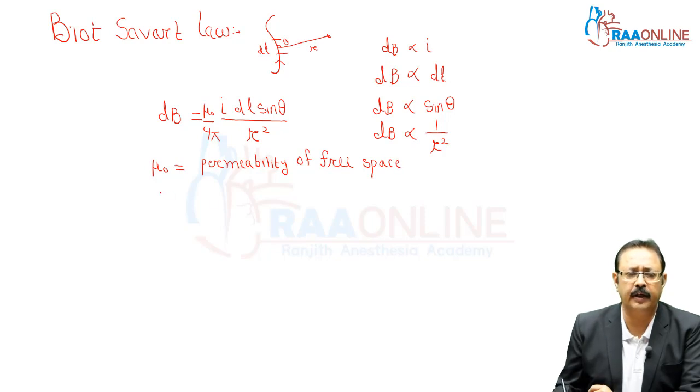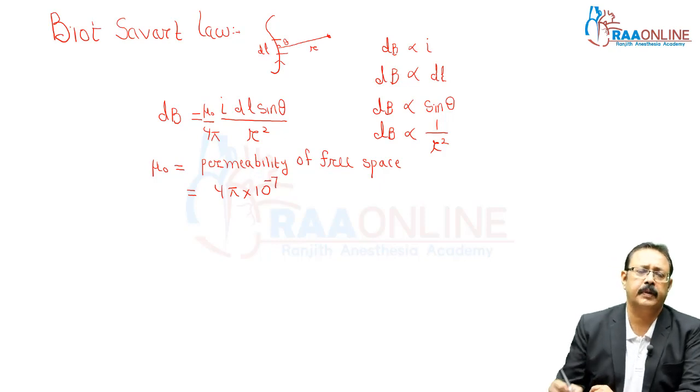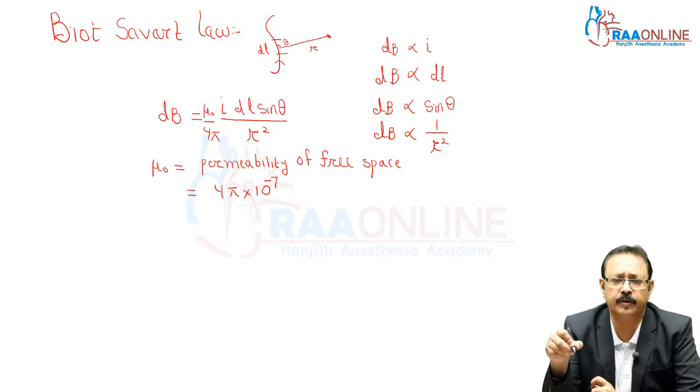And its value is 4 pi into 10 to the power minus 7. Means the proportionality constant is 10 to the power minus 7.